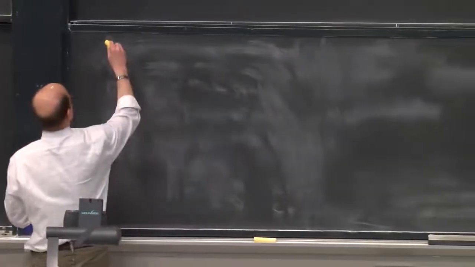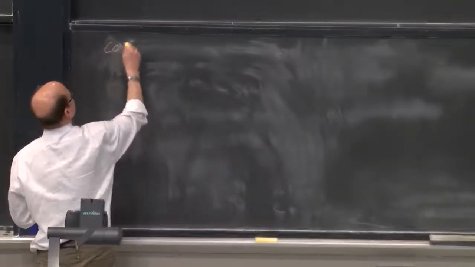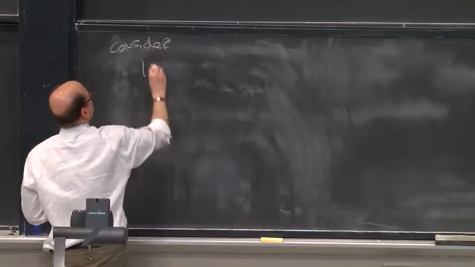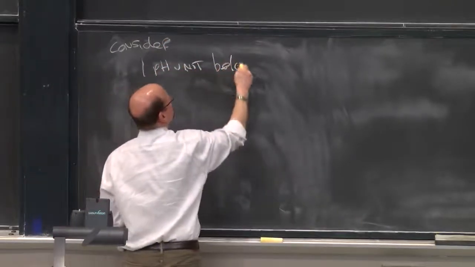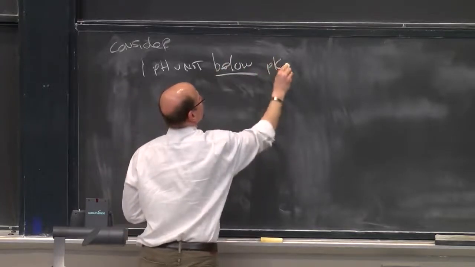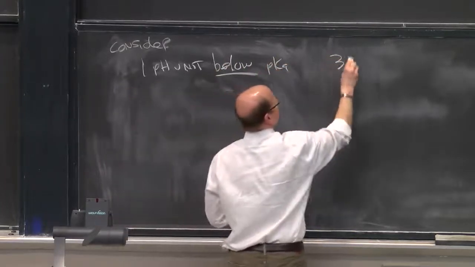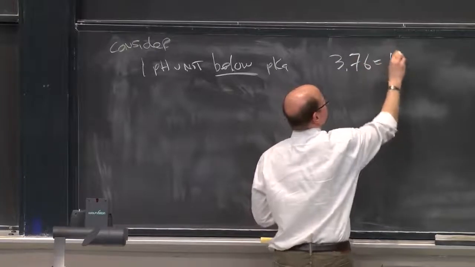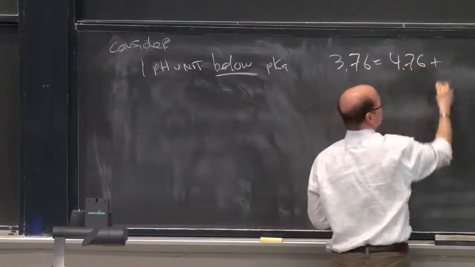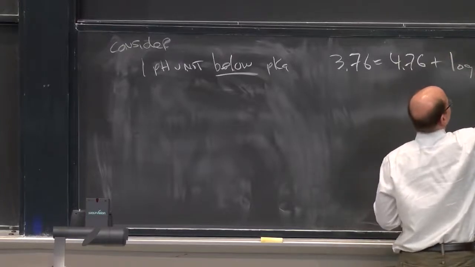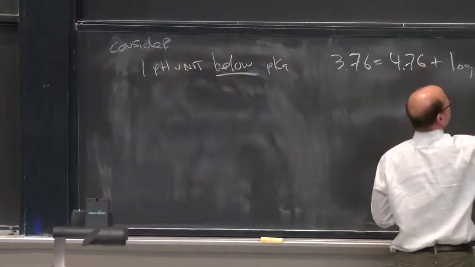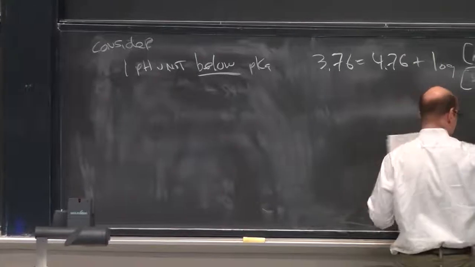Let's do one more example. Consider 1 pH unit below the pKa. Okay? So that means my pH is 3.76. That must equal 4.76, the pKa of acetic acid, plus the logarithm of the acetate anion concentration divided by the undissociated acetic acid.